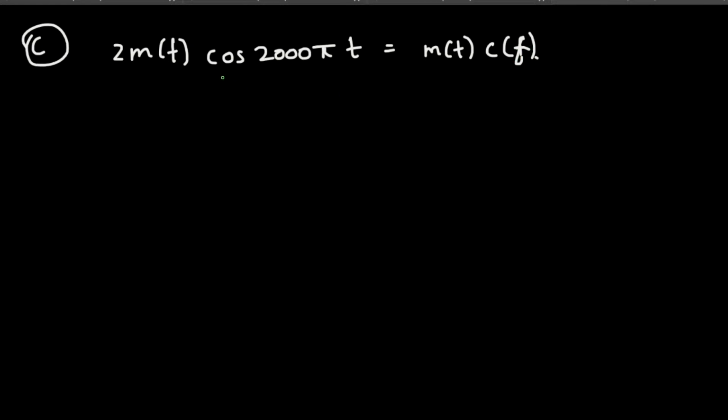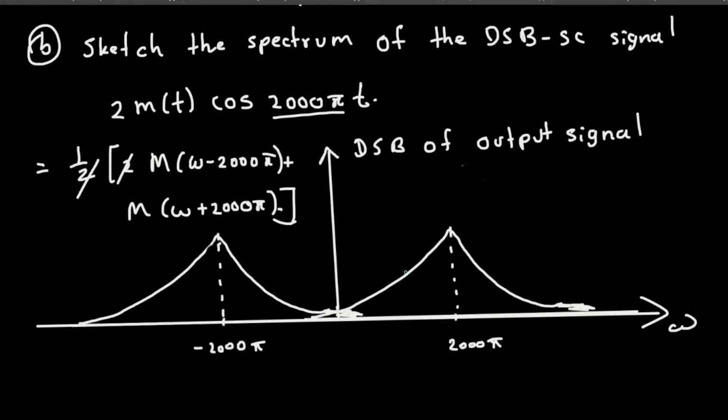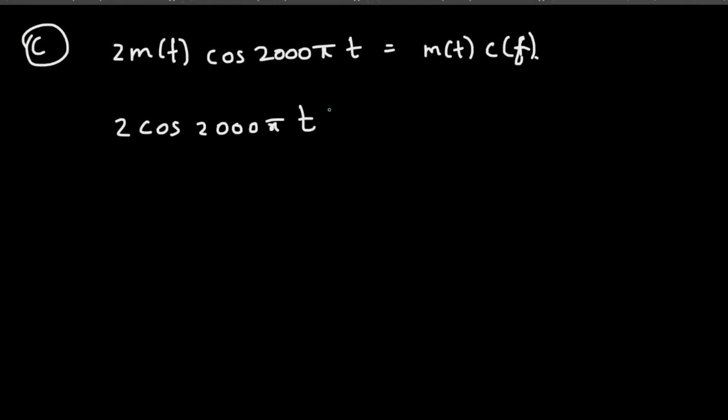So to find out the carrier signal, if you just remove the m of t, that is the carrier signal, and if you take the carrier signal, that is 2 cos 2000 pi t, and here you can look at the frequency or angular frequency, but here we have to look at the angular frequency because our diagram is based on angular frequency omega.